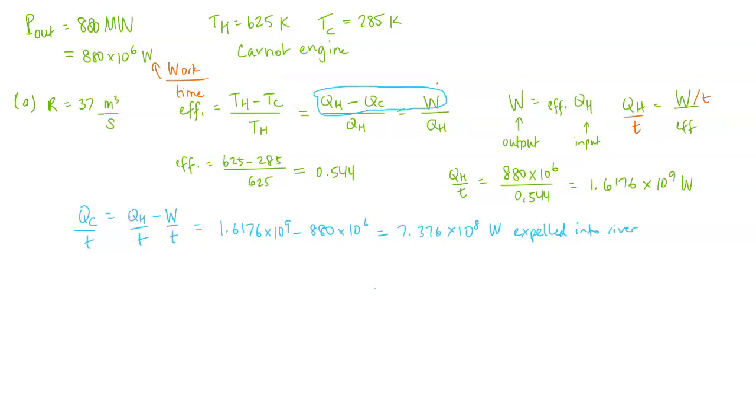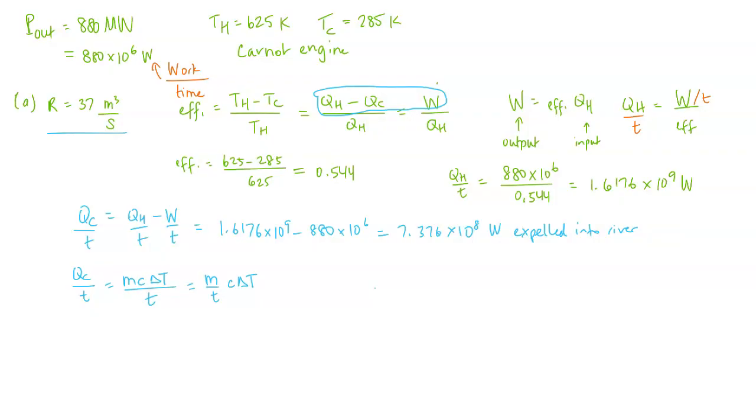So you might recall from calorimetry that Q equals MC delta T, right? If we have a rate at which energy is being released into the river, we can then figure out the temperature change. We just need to divide the MC delta T side by t for time so that we express it as a rate. Specific heat is a constant, delta T is the thing we're finding, so we have this mass rate of flow.